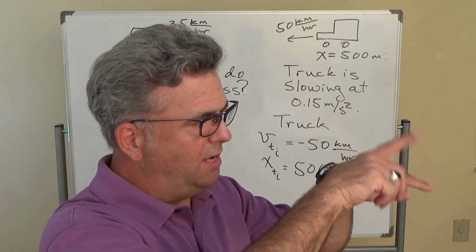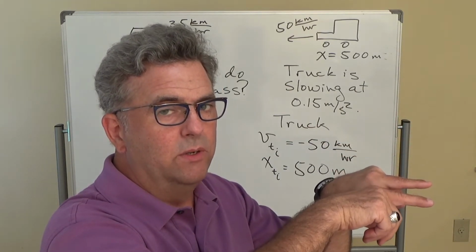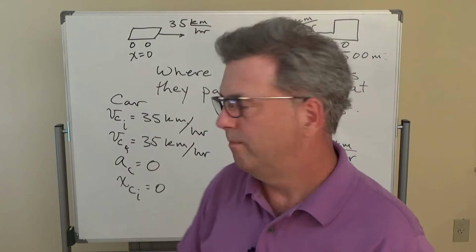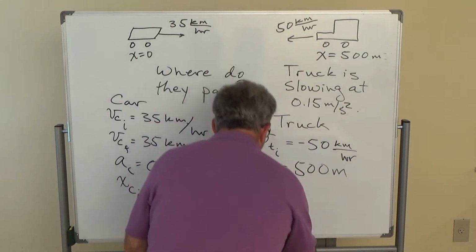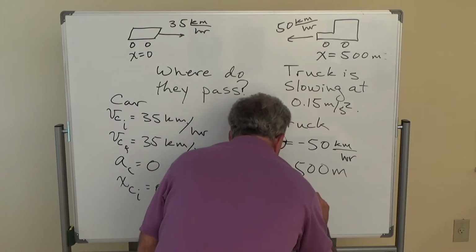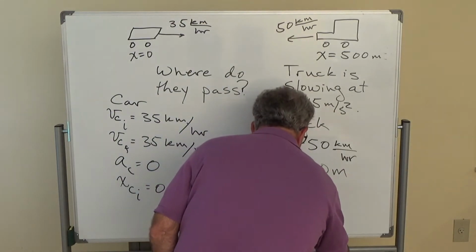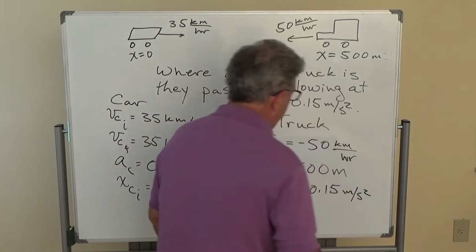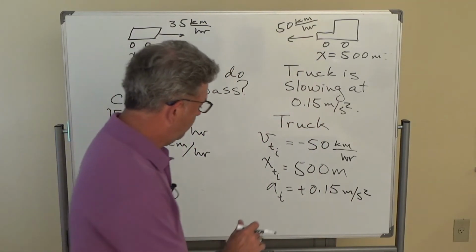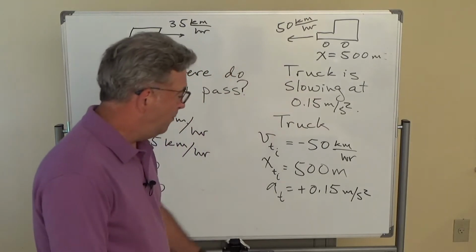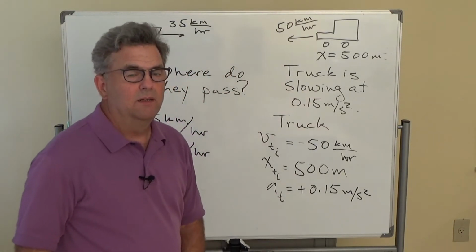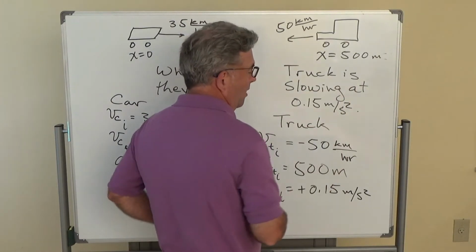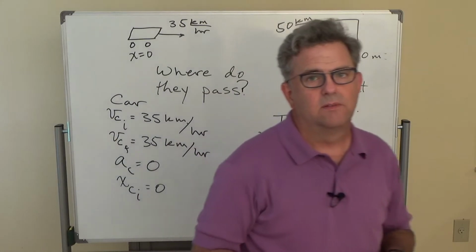If velocity and acceleration are in the same direction, whether positive or negative, it's speeding up. Okay, so the acceleration for the truck is equal to plus 0.15 meters per second squared. Okay, that's a plus, not a t. I put that there for emphasis, meaning the velocity is in this direction, that's the negative direction. The acceleration is positive. Okay.